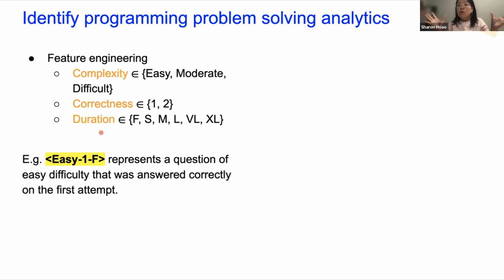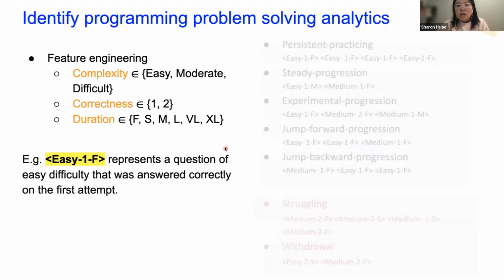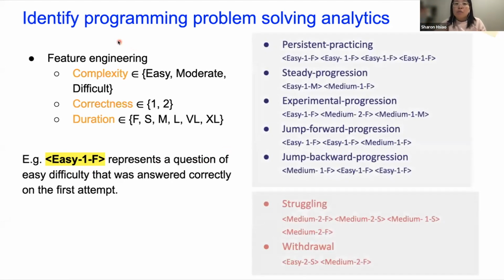So it's very straightforward, just 3 key features, so that we could re-engineer all the log data into this format. If it's easy and you get it correct the very first time, you could relabel all the logs, all the data points that you have. And in this work, we find that based on the relabeling we could do some clustering, and then we are able to dissect students' learning strategies.